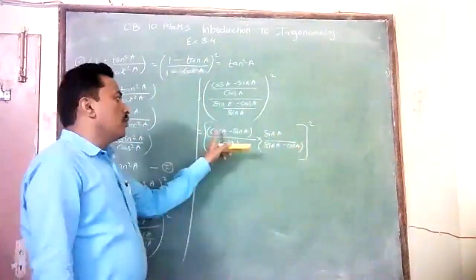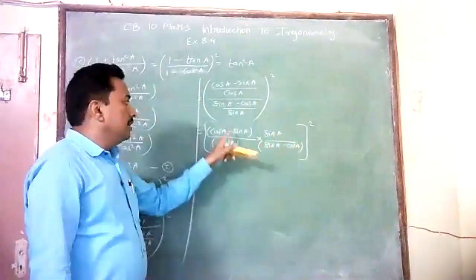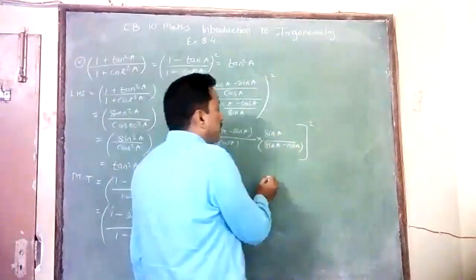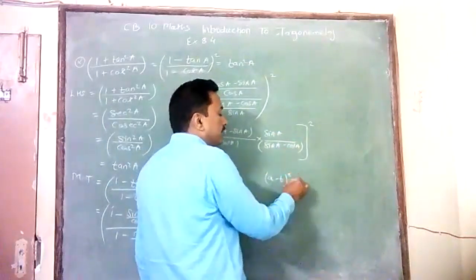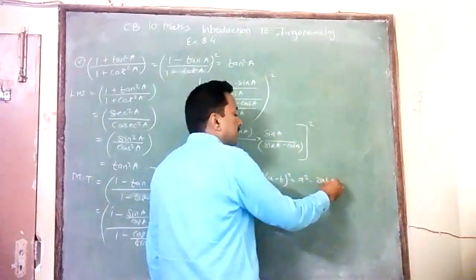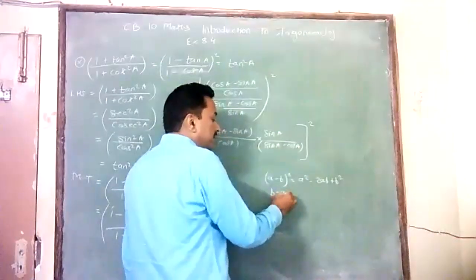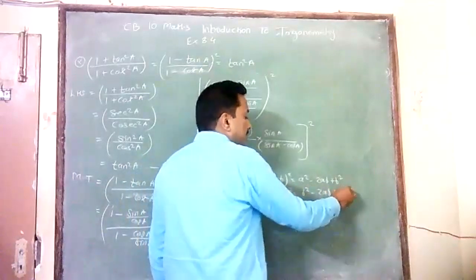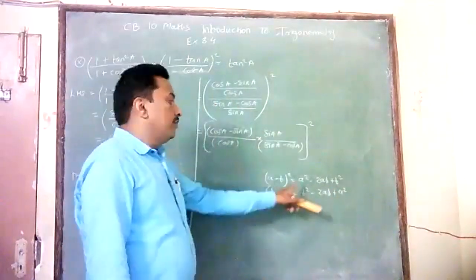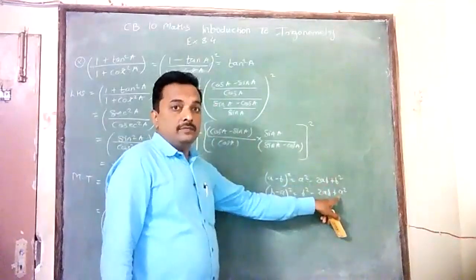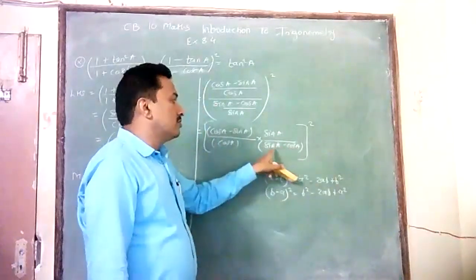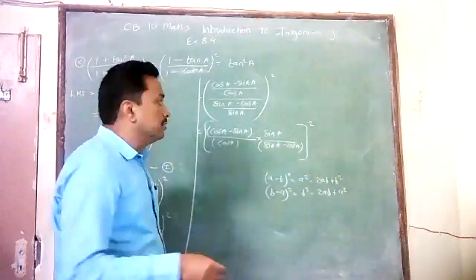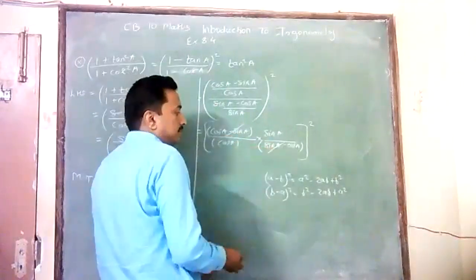Now whole bracket square है cos a minus sin a minus cos a. यहाँ पे sin माइनस है यहाँ पे cos माइनस है, बट फर्क कुछ भी नहीं पड़ने वाला, क्यों बिकॉज अगर तुम लोग a माइनस b होल ब्रैकेट स्क्वायर करते हो तो आता है a स्क्वायर माइनस 2ab प्लस b स्क्वायर, एंड इफ यू डू b माइनस a होल ब्रैकेट स्क्वायर then it is b स्क्वायर माइनस 2ab प्लस a स्क्वायर. फर्स्ट एंड लास्ट पॉजिटिव ही आने वाला है, मिडल minus 2 sin a cos a, minus 2 sin a cos a, so therefore these both cancel.